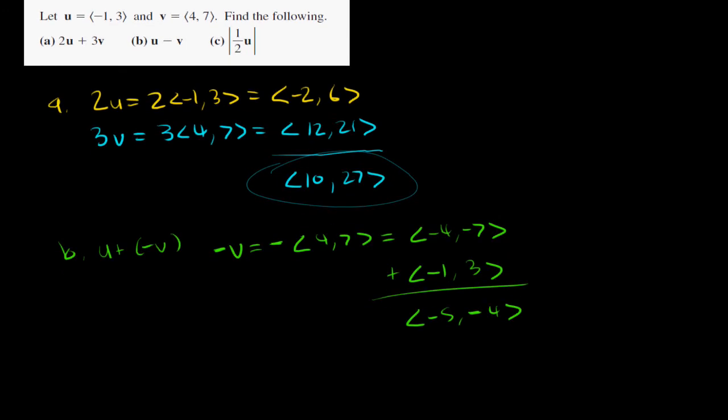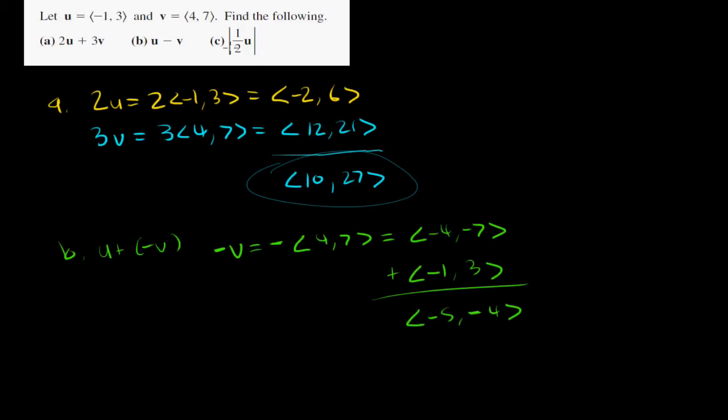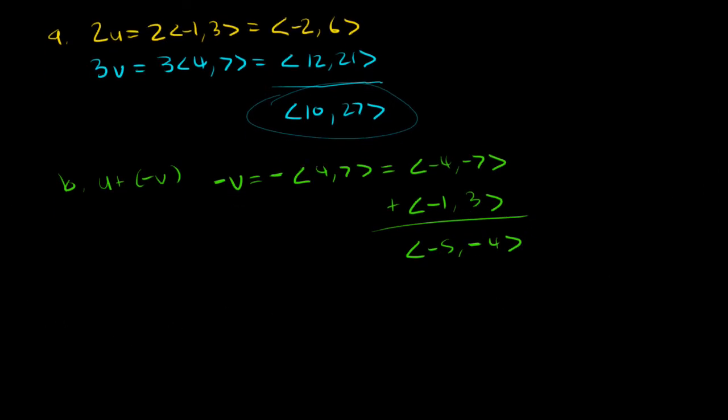So finally, we have to figure out what the magnitude of 1/2 u is. Again, we're going to start off by doing the scalar multiplication, and then figuring out the magnitude. Let's do orange.